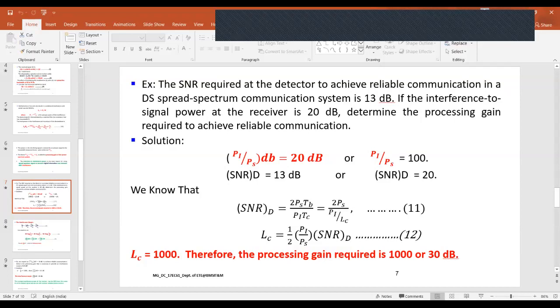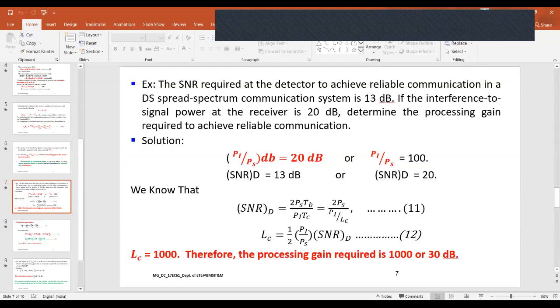He has given the signal to noise ratio at the detector as 13 dB, which in terms of ratio I can write as 20. This is the formula for the signal to noise ratio at the detector, which is equal to 2 times Ps into Tb divided by Pi into Tc.